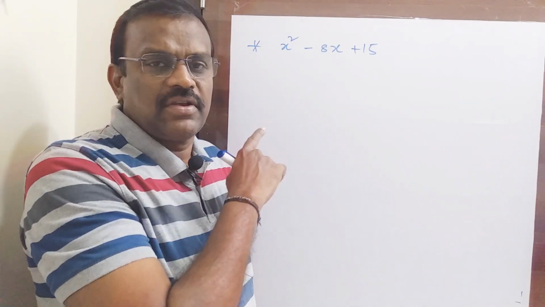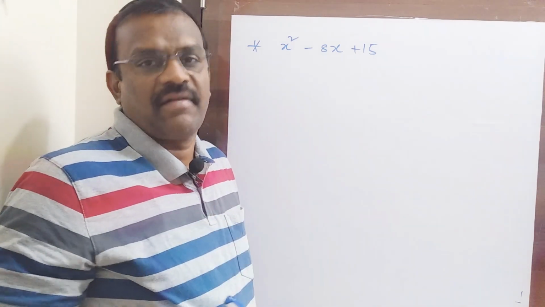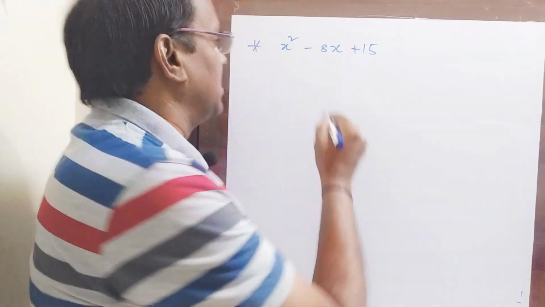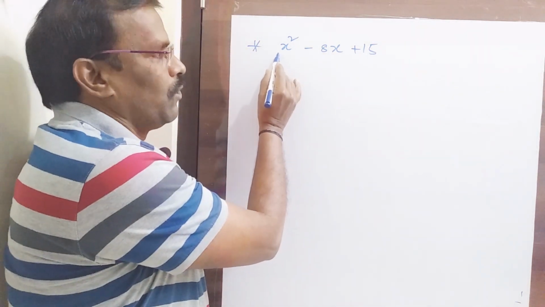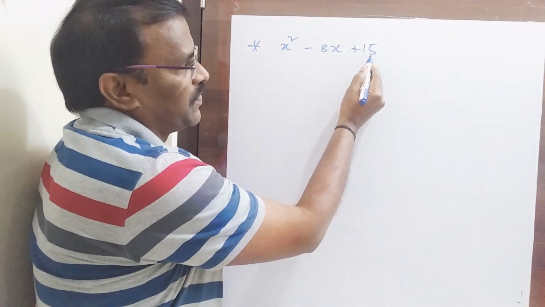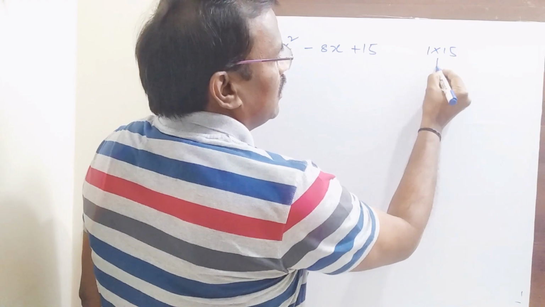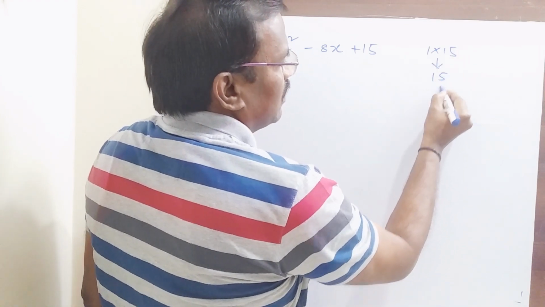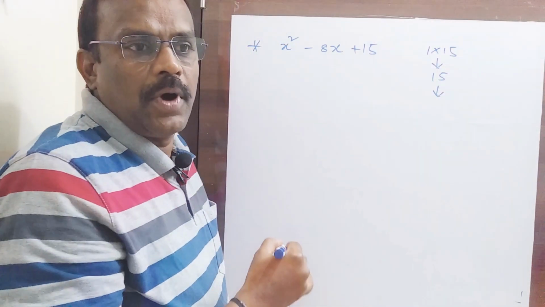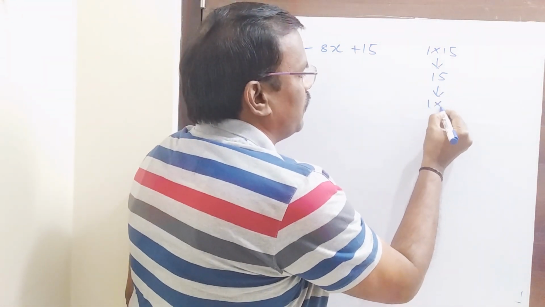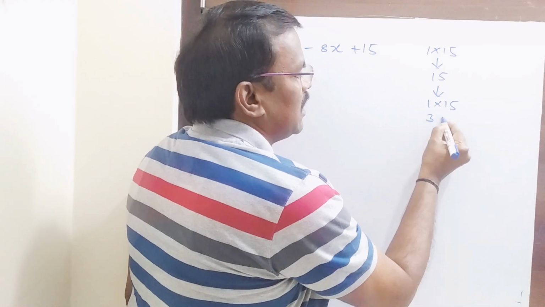Okay, so first this quadratic polynomial we need to factorize, which you learned in 9th standard. You see, what is the coefficient of x square? 1. Constant term 15. So 1 into 15 is equal to 15. Recall all the possible factors: 1 into 15, 3 into 5.